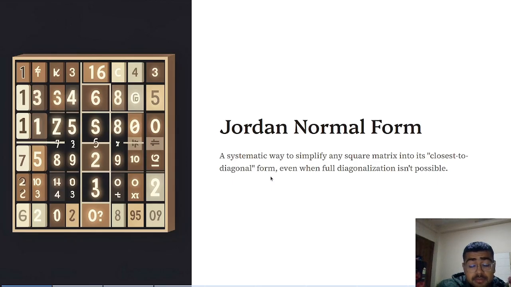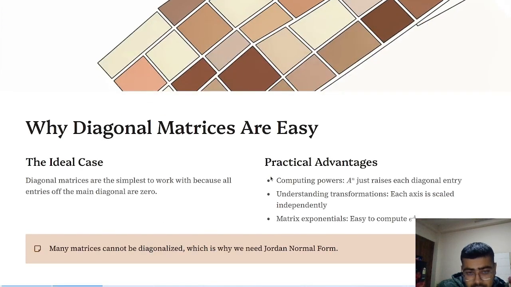Suppose there is a matrix which is complex and needs to be computed with or worked with. Jordan normal form is introduced to convert that form of a matrix to a Jordan block, which is closer to our diagonal matrix, right? The sole purpose of this concept is to change it to the nearest diagonal matrix so that it will be easier to compute with.